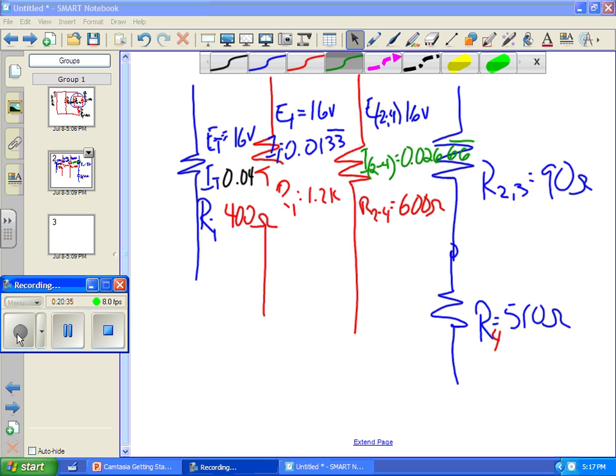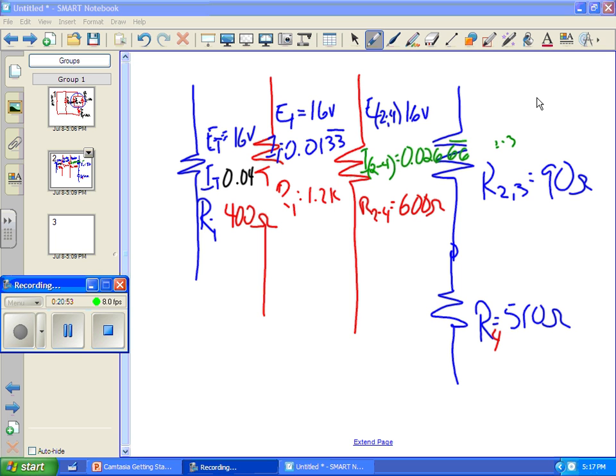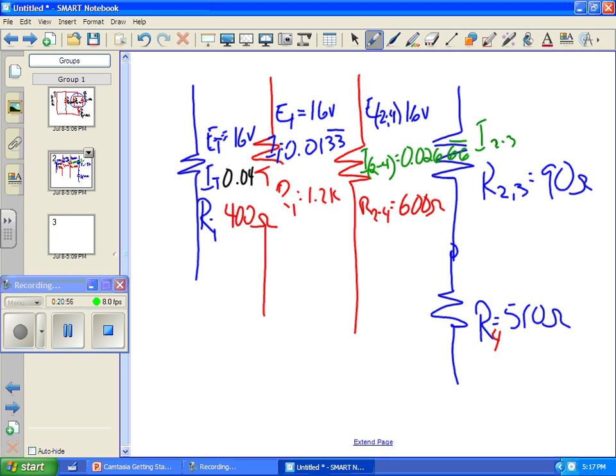And that simplification was a series simplification. So what are we going to plug into these? I23 is 0.02666. And down here, I4 is 0.0266 and on.